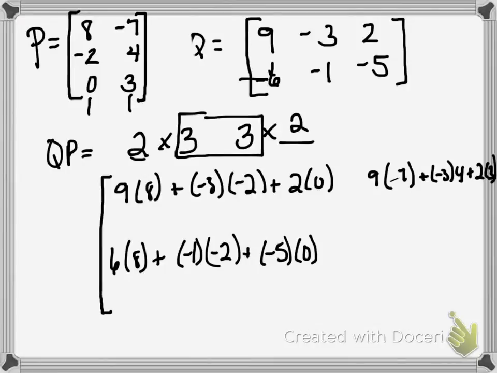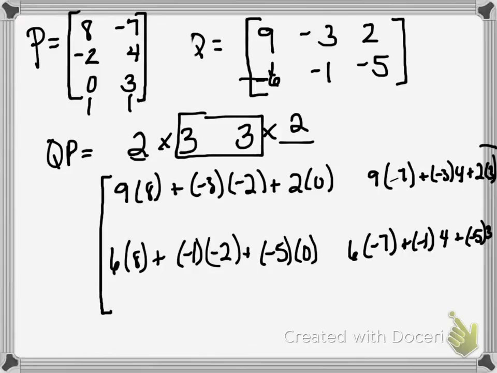And moving on, second row still, times the second column now. So I have 6 times negative 7 plus negative 1 times 4 plus negative 5 times 3.